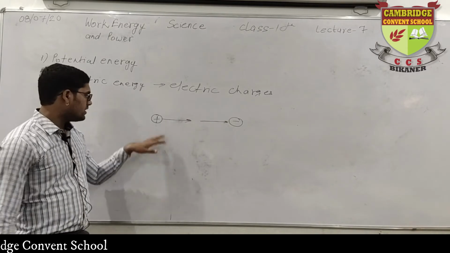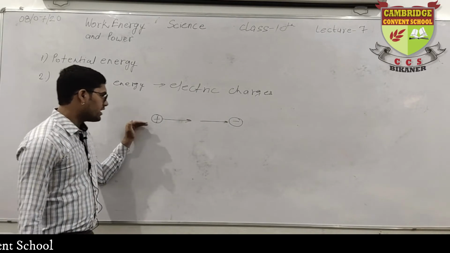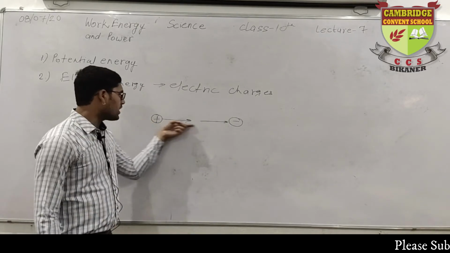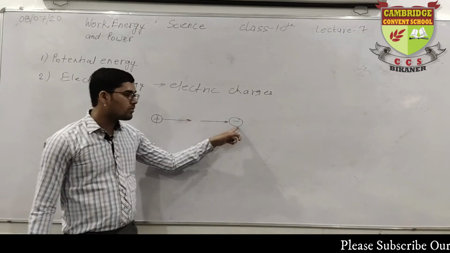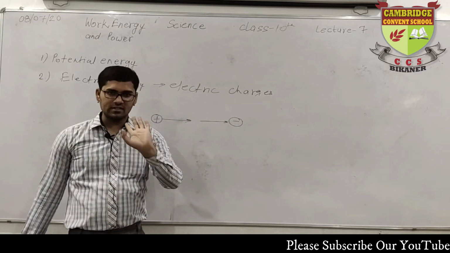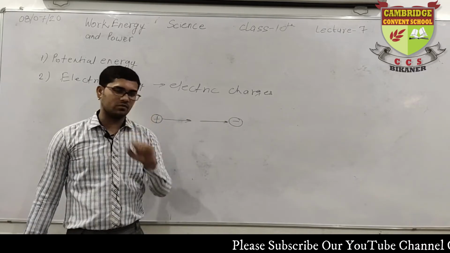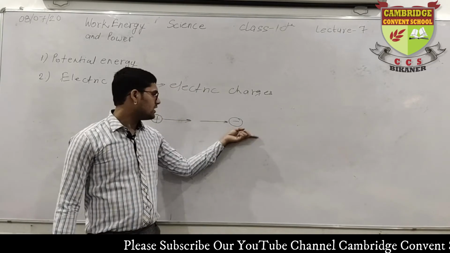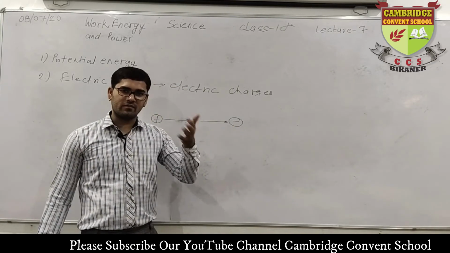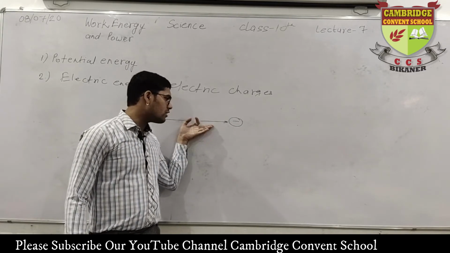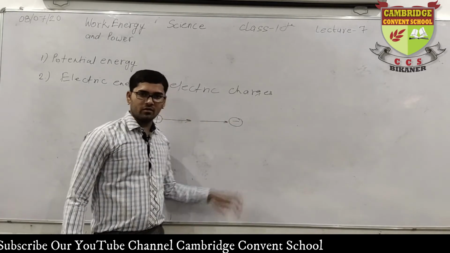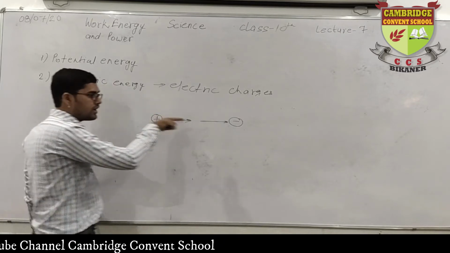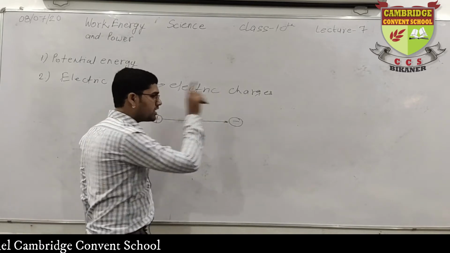Keep this in mind: a positive charge would like to go near the negative charge. So its arrow is going in the outward direction. What about a negative charge? The direction is always shown because of the positive charge; positive will come into it or near it. So the negative charge's electric field is also shown by arrows coming towards the negative. The arrow of a positive charge is always going out of it, and the arrow of a negative charge is always coming inside it.